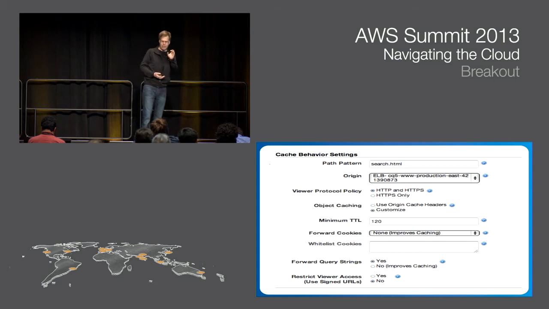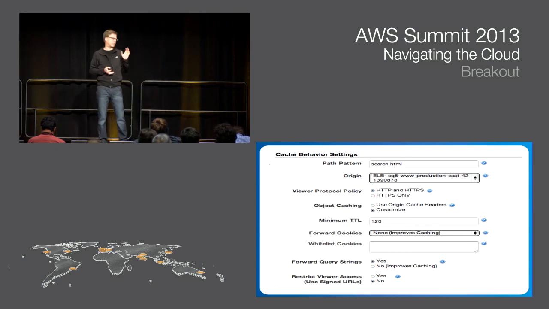When a unique query string is detected, the query string gets passed to the origin server, and the result of that query string is cached for 2 minutes. So you're still getting the benefits of that caching and limiting the traffic to your origin server, but you're also able to pass in dynamic content.